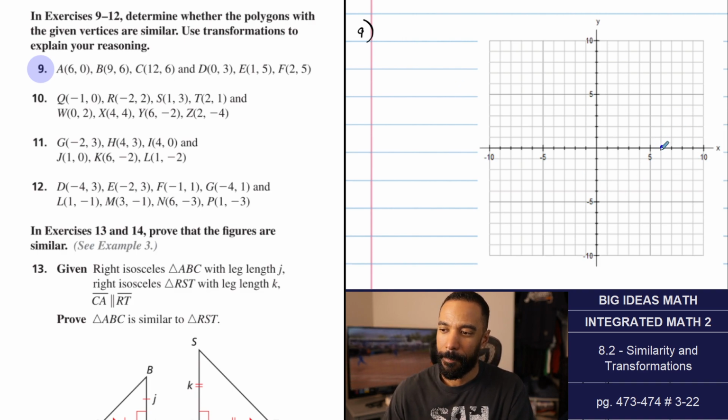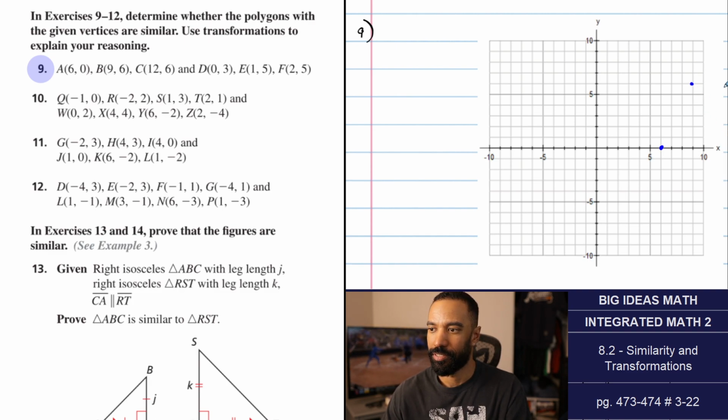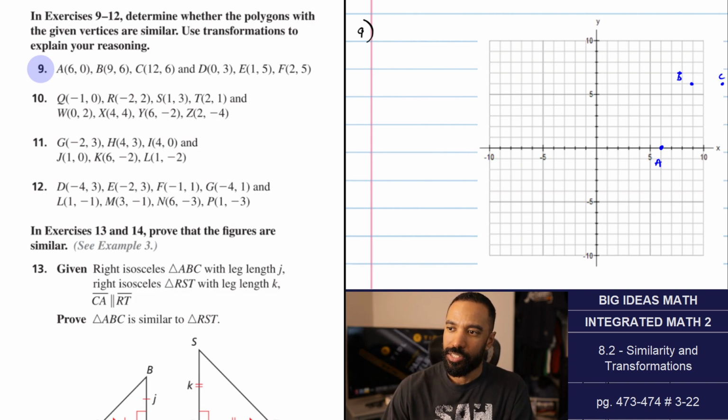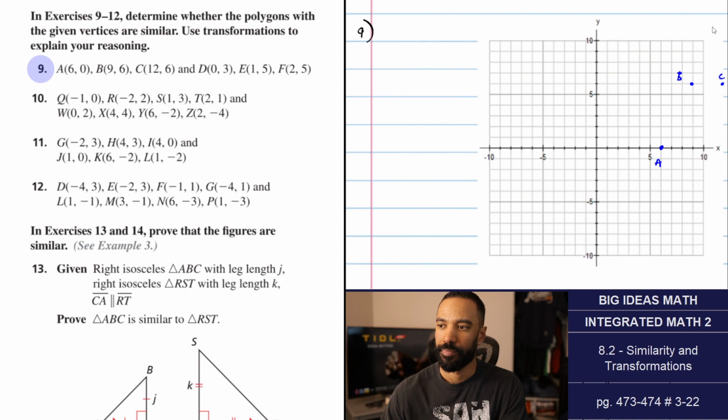So A, B, C, which is off, but we'll check it out. A, B, C. Yeah, this is kind of a weird section to teach. It's weird to talk about because there's a little bit of intuition.